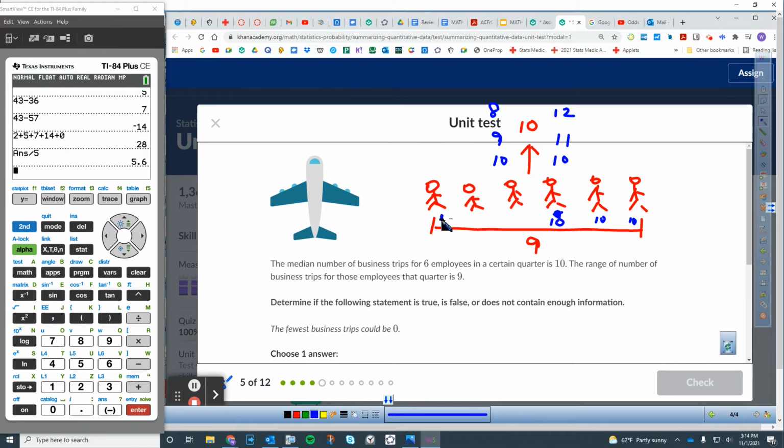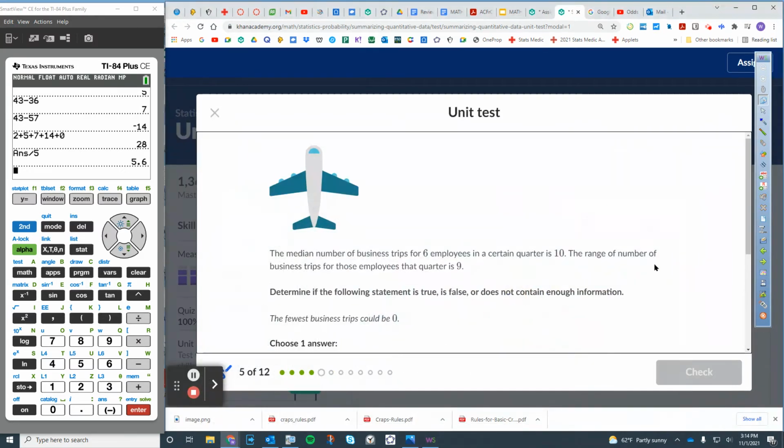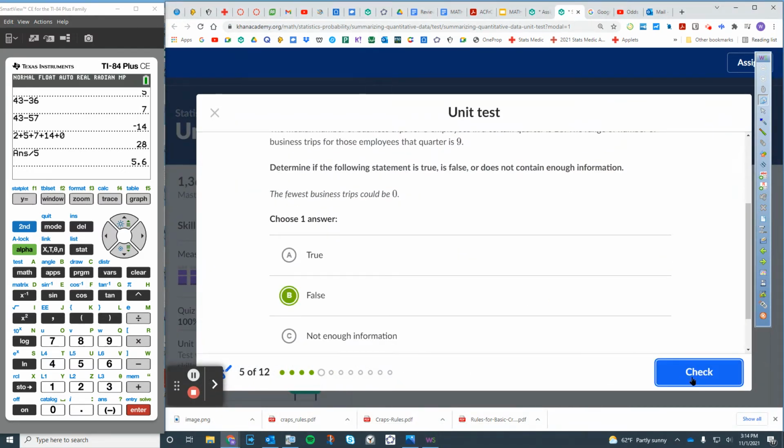That means the very first one has to be 1 because 10 minus 1 is 9. We were told that the range is 9. So if the minimum is 10 because it cannot go lower than 10, this minimum has to be a 1. So the statement that the fewest business trips could be 0 is false. That cannot happen.